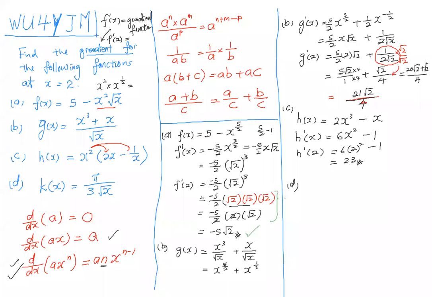Pi over 3 times x to the power of negative half. Yeah, because square root, so it is x to the power negative half. Good. So now I'm going to find the slope function for function k. Thank you, Gladys.